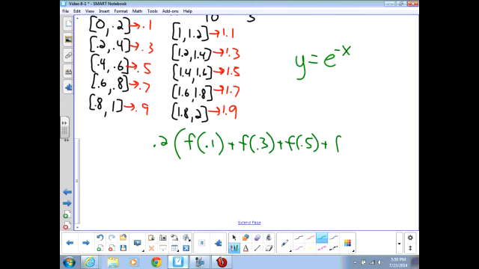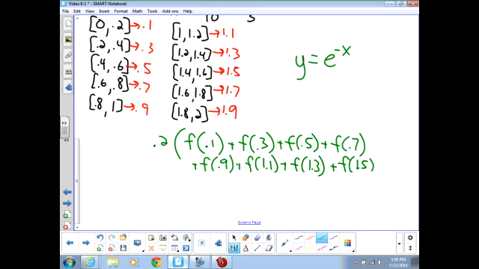And I want to see this on your paper. This is your work. And then from here, I'm okay if you do it on your calculator. f of 0.9, f of 1.1, f of 1.3, f of 1.5, f of 1.7, and f of 1.9.